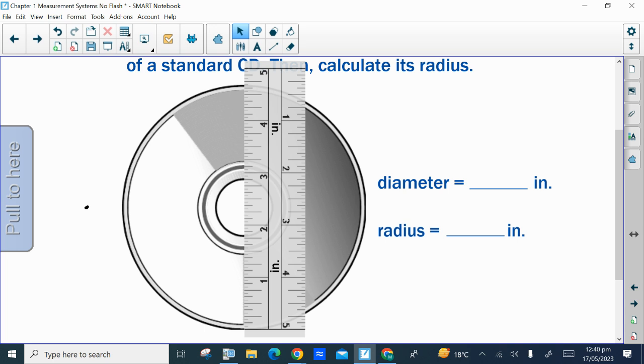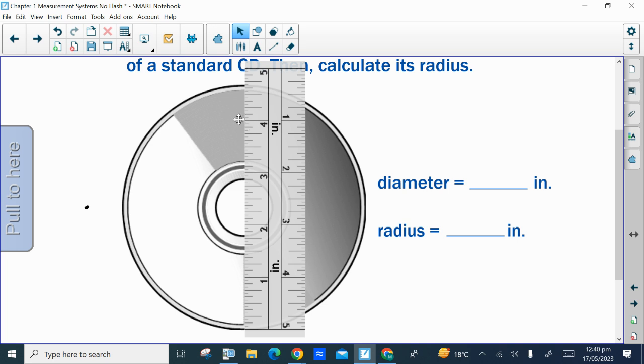So we will use that to measure the diameter in inches. Starting at the bottom, we're going to 1 inch, 2 inch, 3 inch, 4 inch, and then it ends below 5 inches. So we'll have to count how many of those increments above 4 inches this measurement goes.